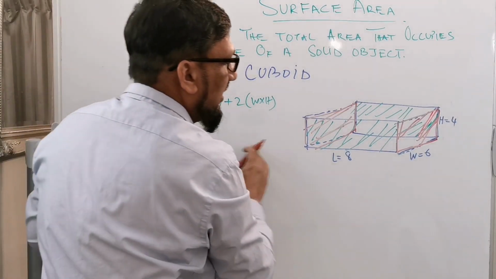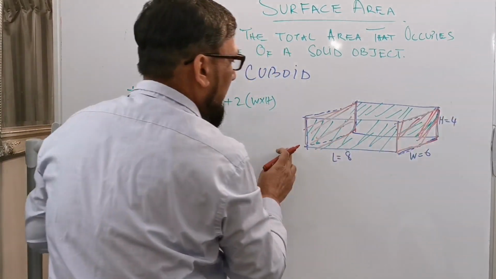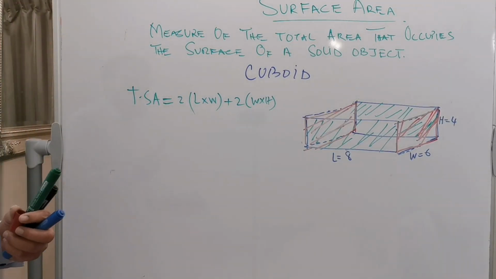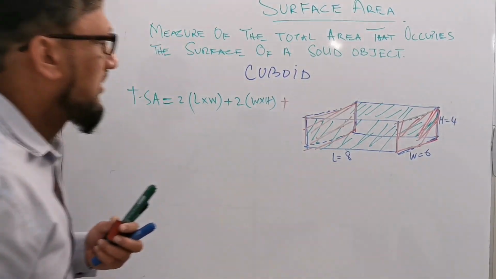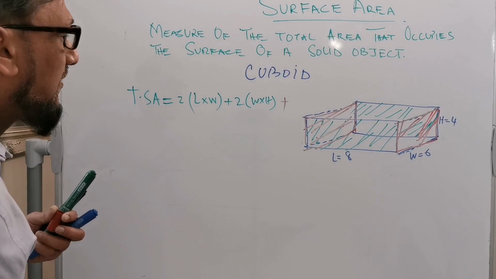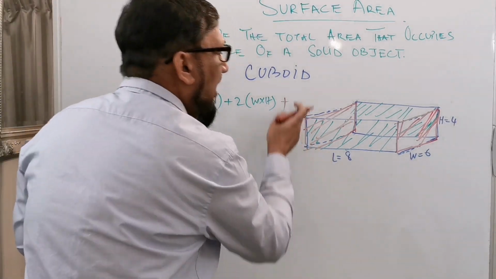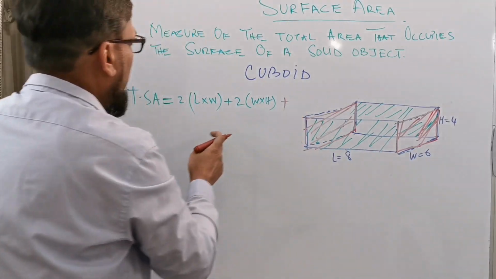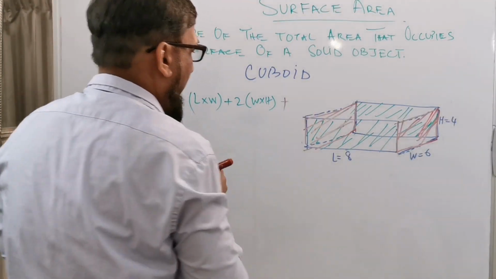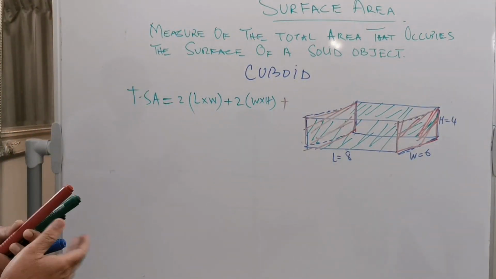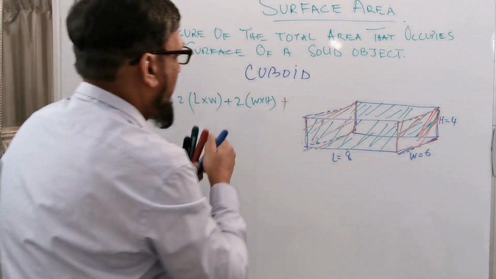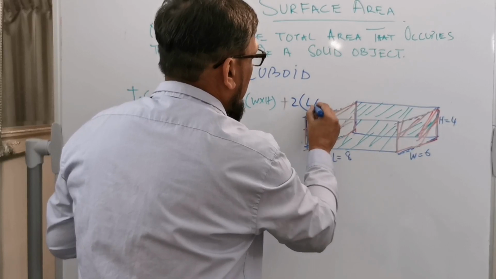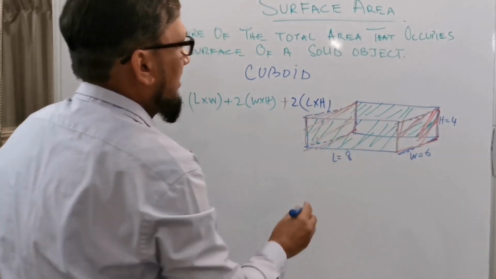And then length times height, so 2 times length times height.